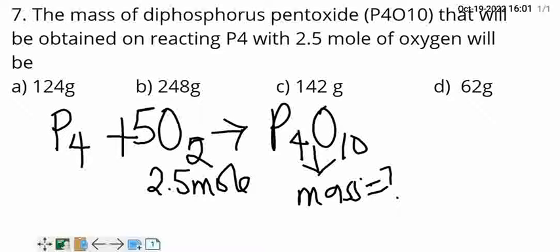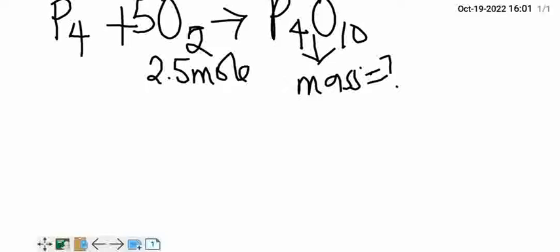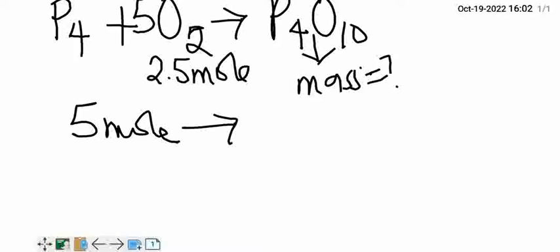So how do we solve this calculation? What I have down here is mass, so at the top of the equation I'm going to write the total mass. What is down here is moles, so at the top I'll write the moles of oxygen. That is the procedure of solving a mass-to-mass calculation. So 5 moles of oxygen produces what total mass of this compound?